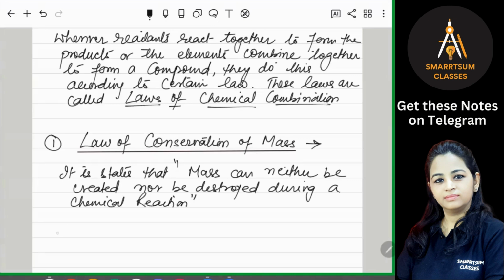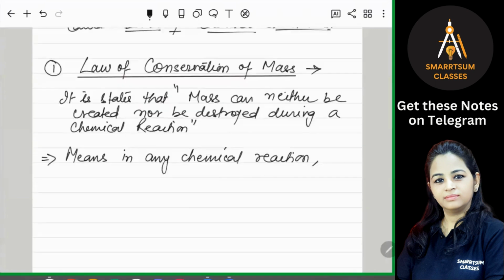That means in any chemical reaction, the total mass of reactants, reactants means which are reacting, is always equal to the total mass of products.